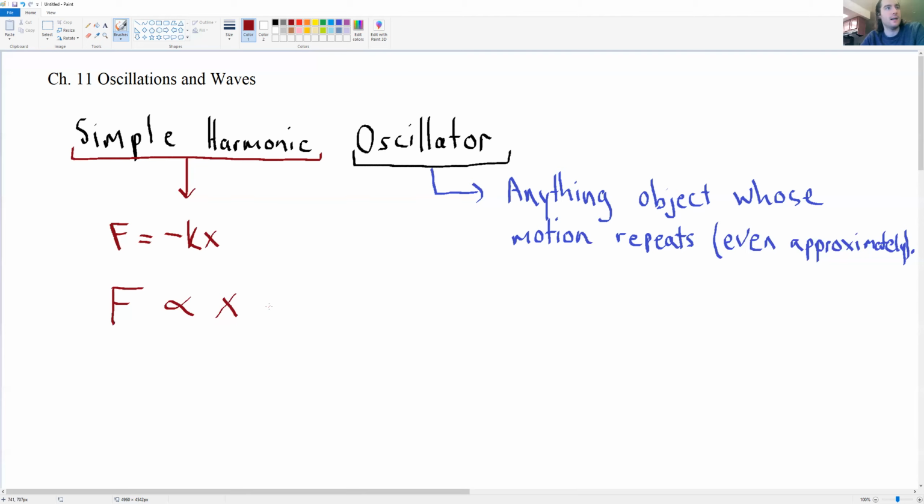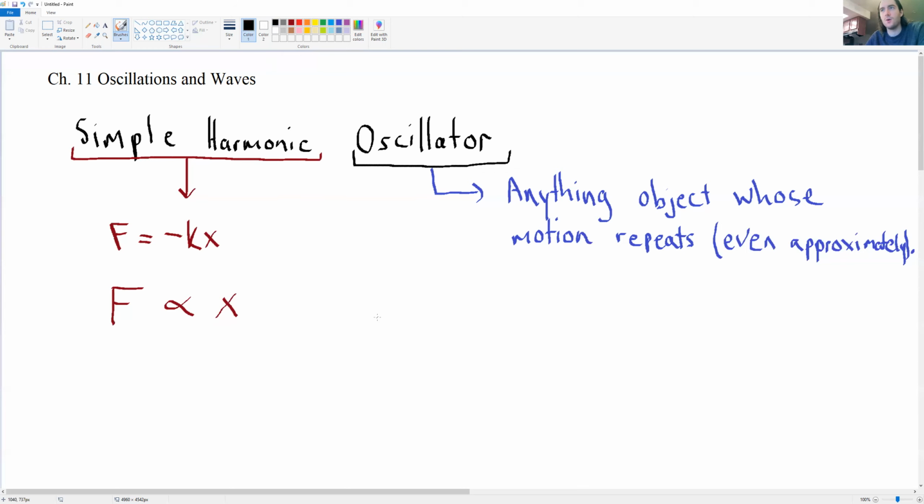Okay, so that's the idea. We have something that repeats its motion, and if I can write down the force that acts on that object that causes it to repeat its motion as like a Hooke's law force, then I'd call that a simple harmonic oscillator.